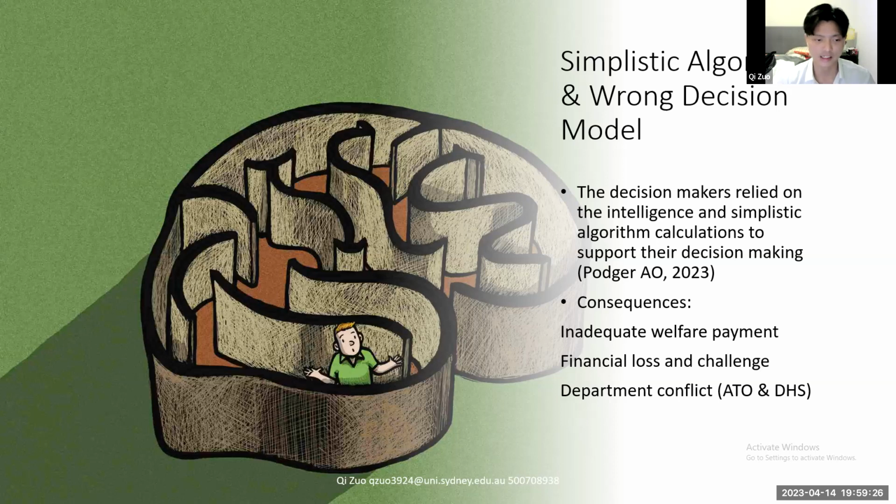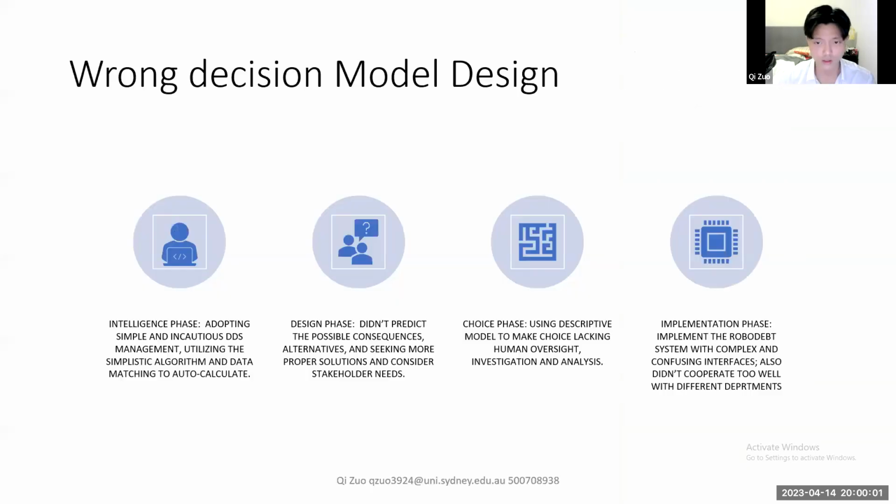It was supposed to go well because technology is so advanced nowadays, but without human oversight, something was bound to go wrong. And those are the consequences of the Robodebt scheme. There were inaccurate welfare payments, financial loss, and many challenges for many people, and it also created conflict between departments, especially the ATO and DHS.